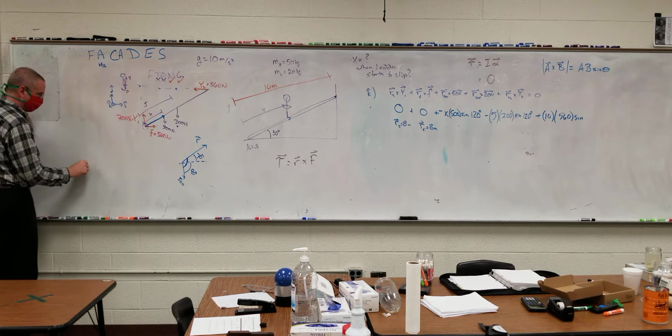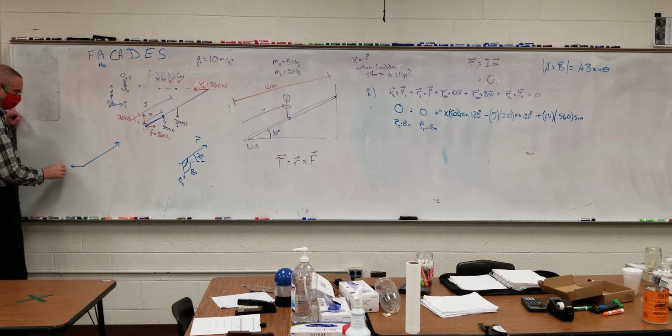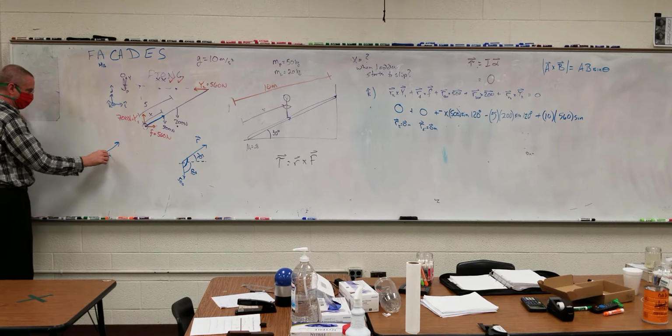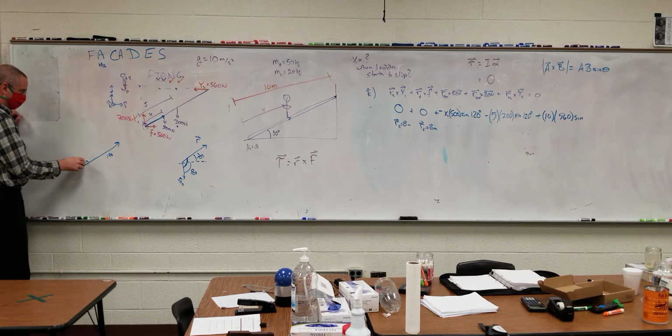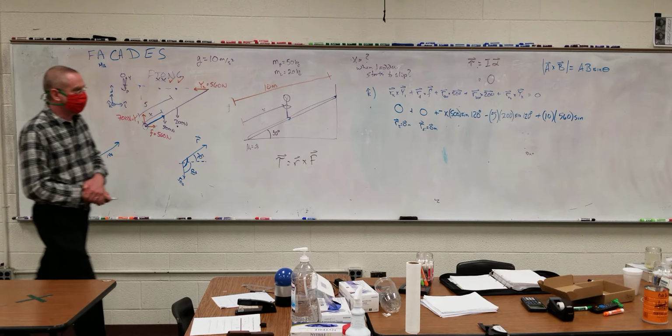So I've got this moment arm going in that direction right there. I got my force going in this direction right here. There's my force, there's my moment arm. And I need to figure out that angle. Degrees.